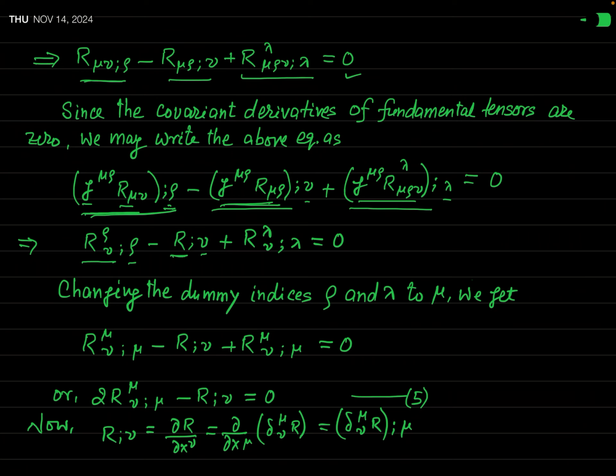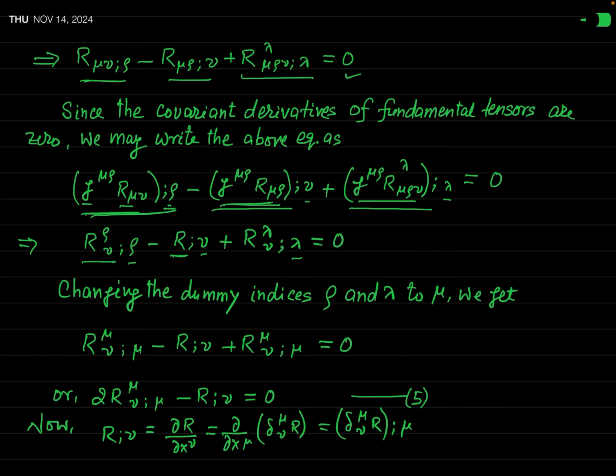And now in this last term, mu and rho are common indices that will be omitted, so the remaining tensor will be R lambda nu, and there will be the covariant derivative of this R lambda nu with respect to lambda. So this is our result.